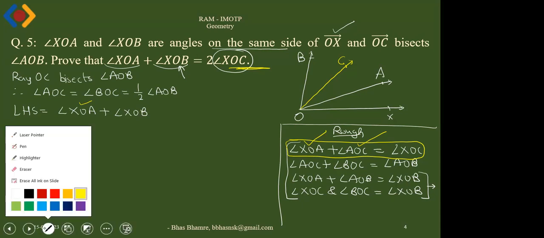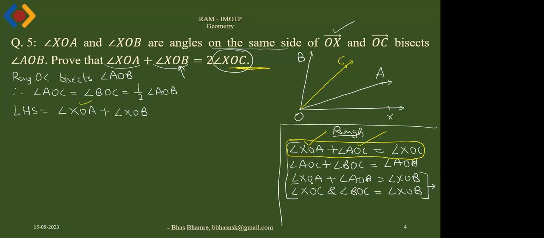In that, I am trying to find out where XOA is included. So I use this angle XOA as it is, plus this angle XOB I can consider as angle XOA plus angle AOB. Angle XOA plus angle AOB. For simplicity, I give it as number 1.